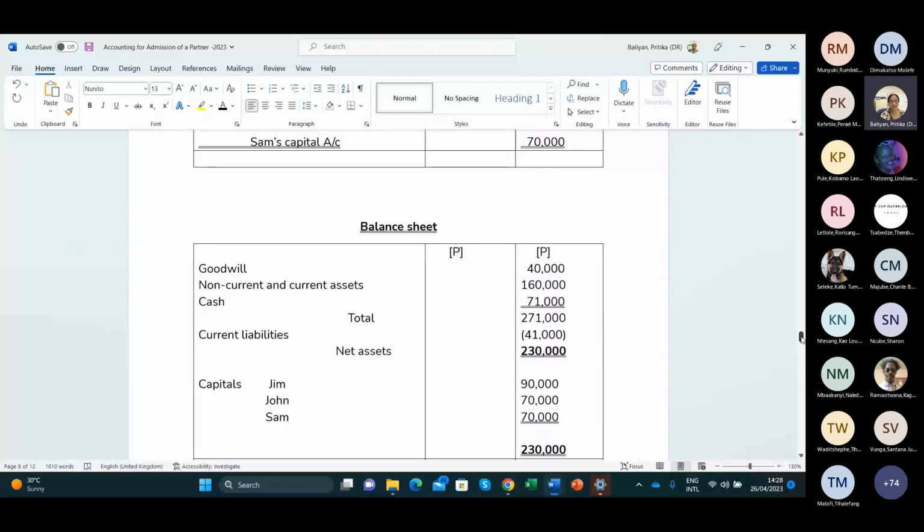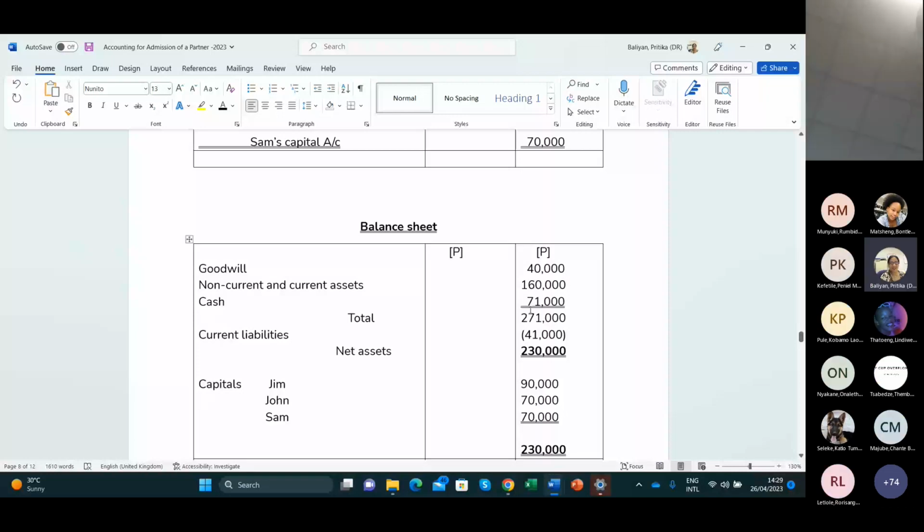You get it now? So that's how we get 71,000.